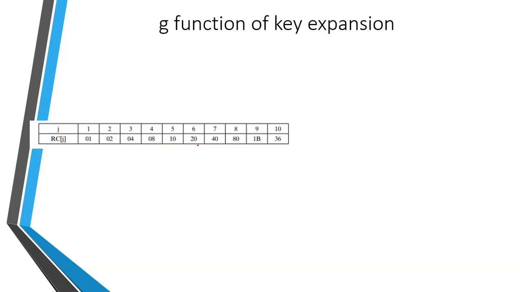In the G function, we apply it to one word. First of all, we convert these 32 bits, that is one word, into 4 bytes.